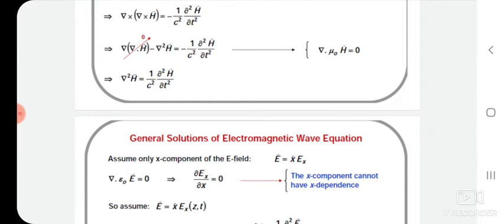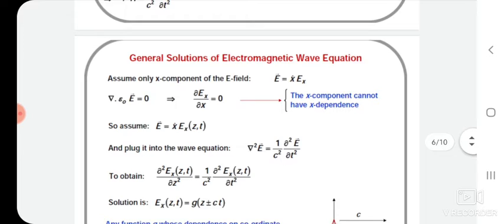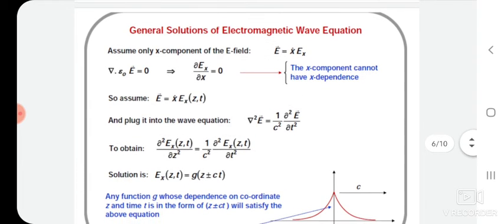Now we have to find out the general solution of the electromagnetic wave equation for electric field as well as magnetic field. For that, assume only an x component of the electric field, E is equal to x-cap Ex. As we know, we are talking about free space. It means there is no charge. If there is no charge, it means charge density and current are equal to 0.